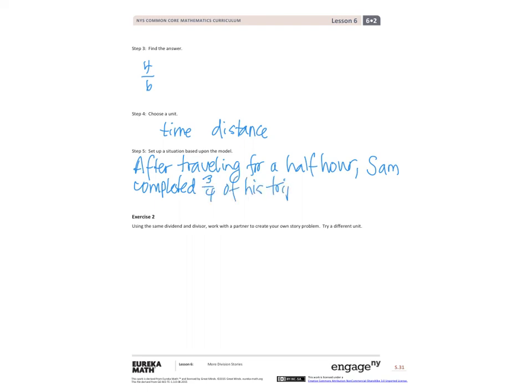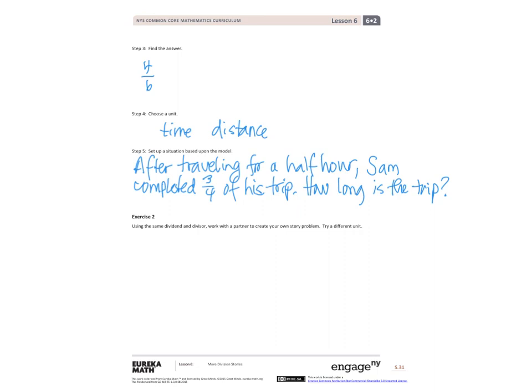We could say trip or commute or whatever. So how long is the commute or the trip? I should say, let me go trip because I'm going with trip. Okay, is the trip, the total trip. Okay, so that all goes together.